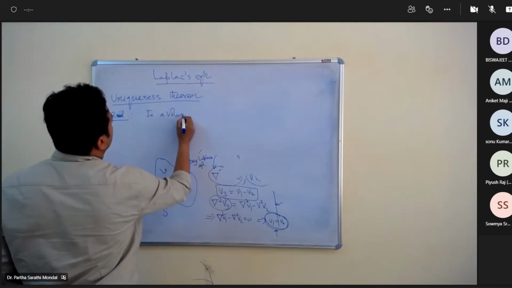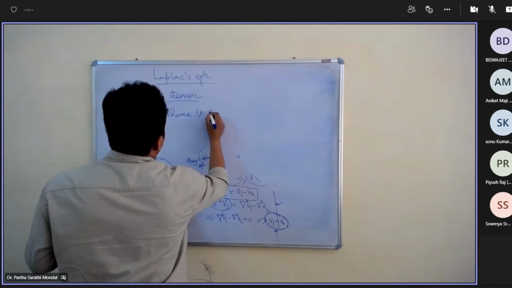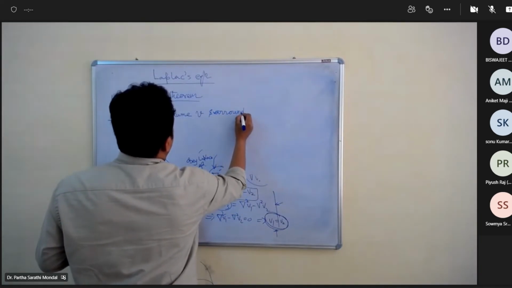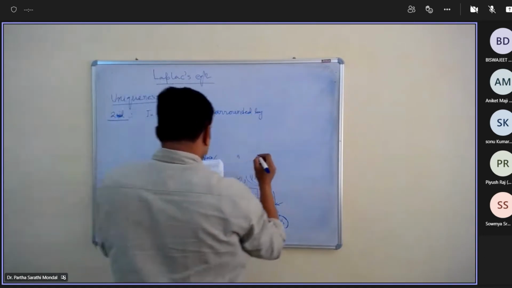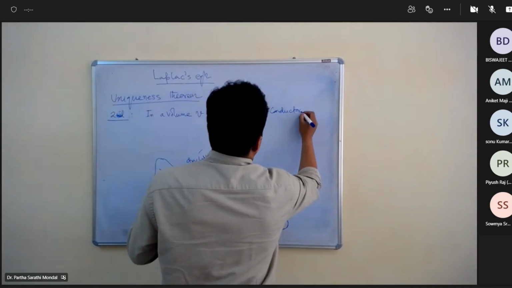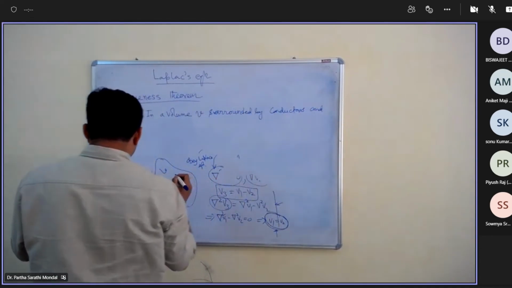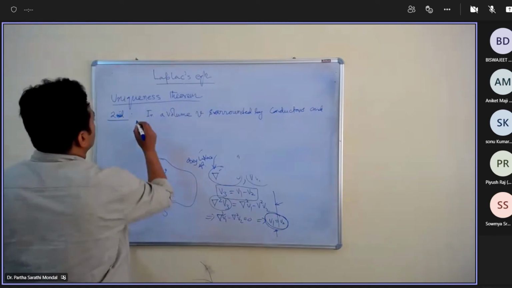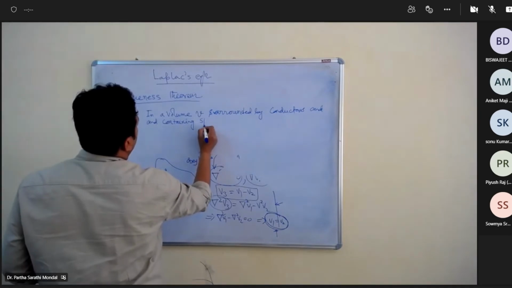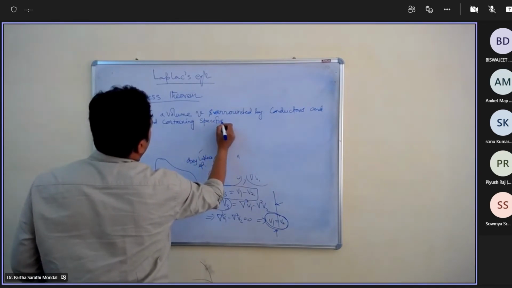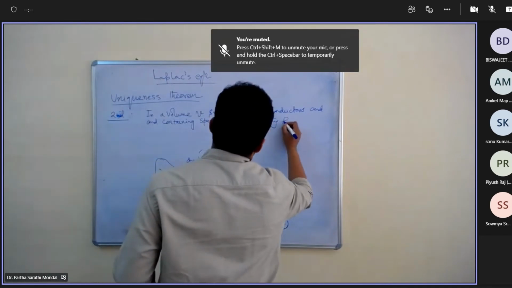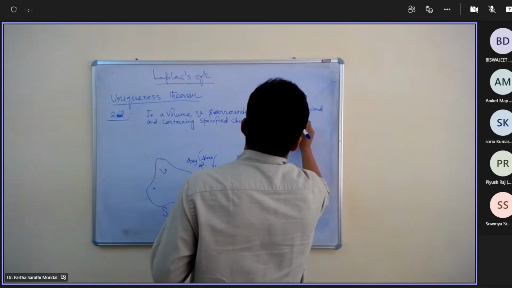A volume V surrounded by conductor and containing specified charge density rho, the electric field.